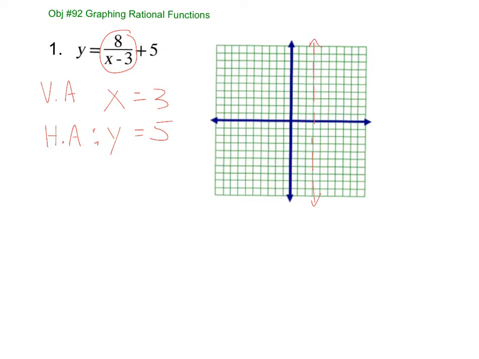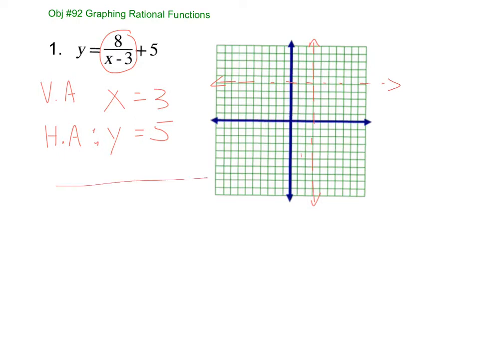1, 2, 3, 4, 5. So again, I know approximately what this thing is going to look like, but I want a nice picture of it. We're not going to go crazy with it, but I like to have a couple points so I can be semi-accurate. If it says sketch, you don't have to be as accurate, but I just want to practice actually graphing.